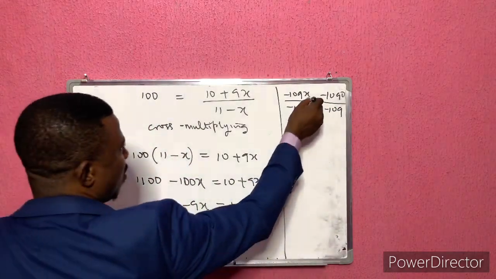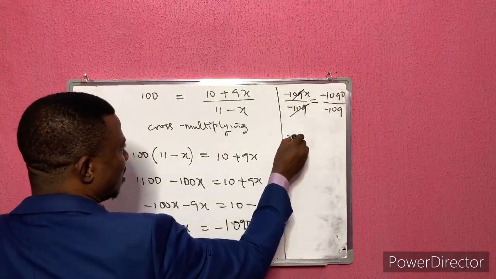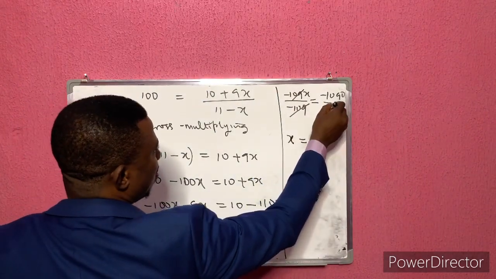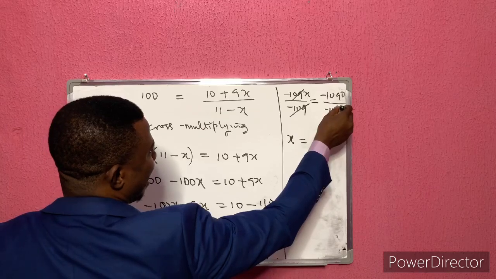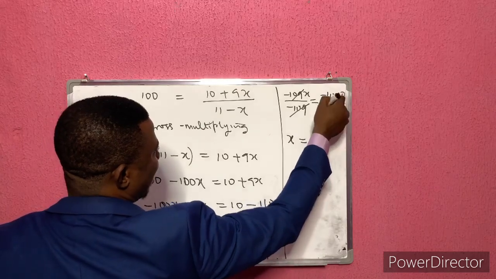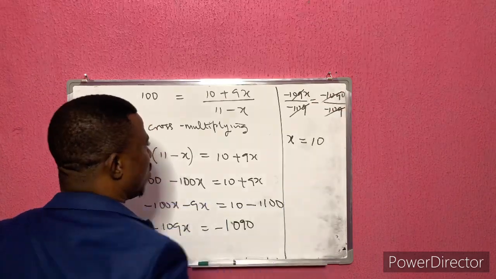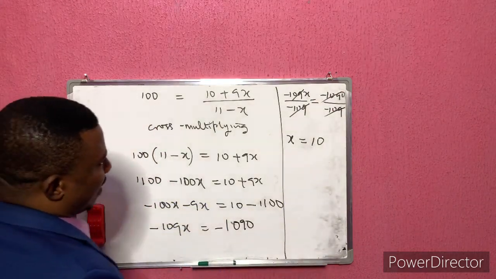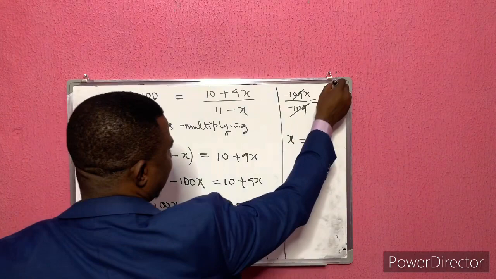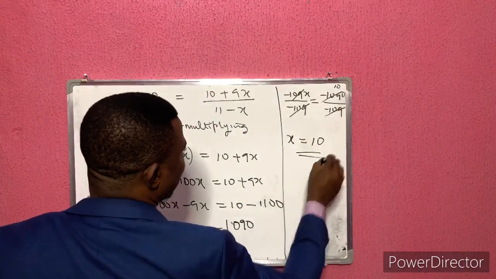So that when we cancel this and this, x will stand alone. So minus minus will go, and 109 cancels this to give us 10. So 10 is your answer.